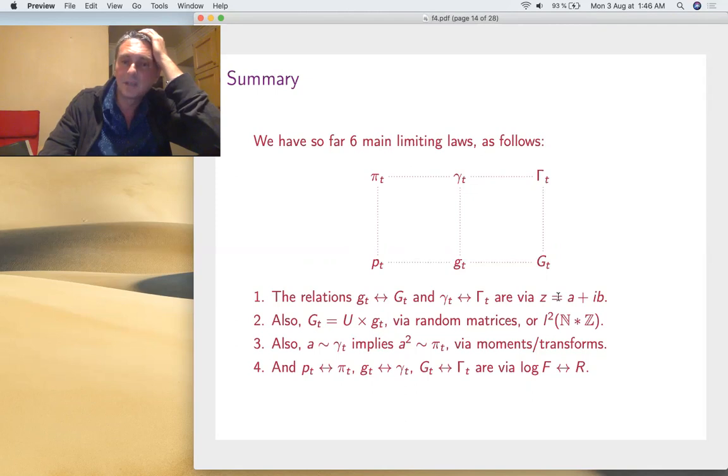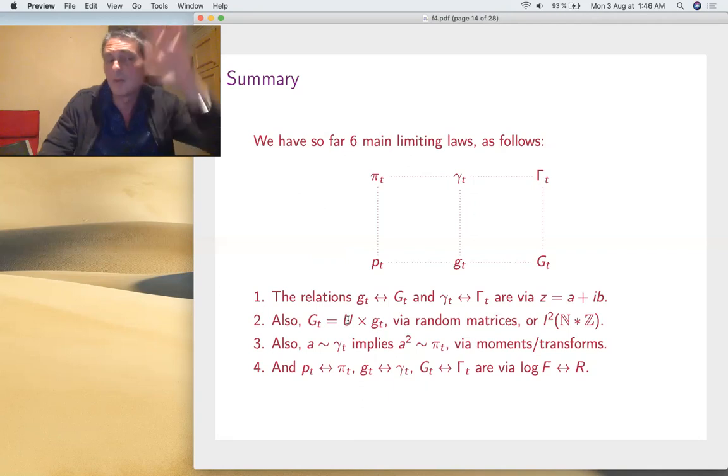Now, an interesting thing is that, oops, there is a typo here. That's gamma T here. Voiculescu's circular law is obtained by convolving a Haar unitary law and gamma T. Yeah, there's a typo, there should be Greek letters here.